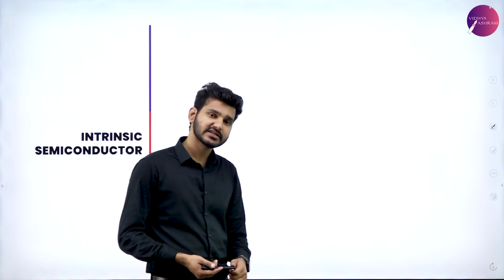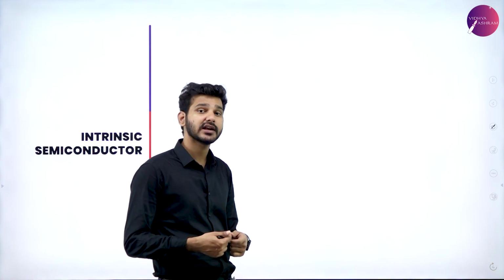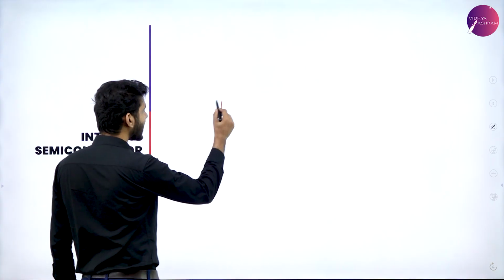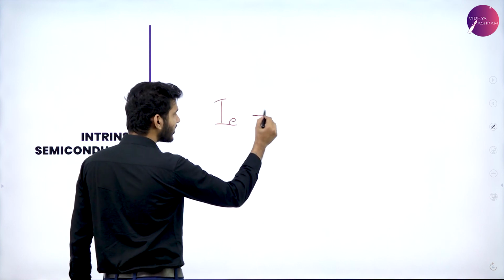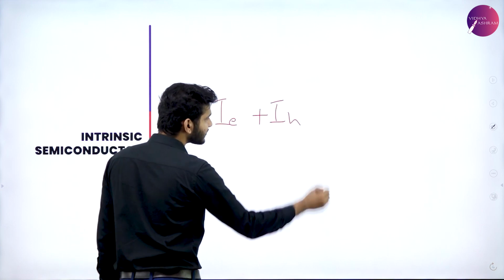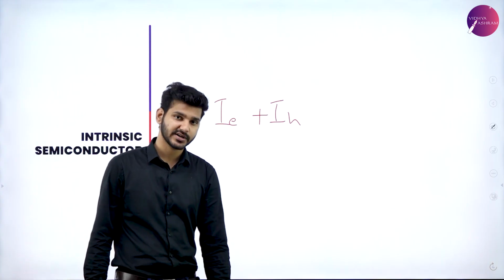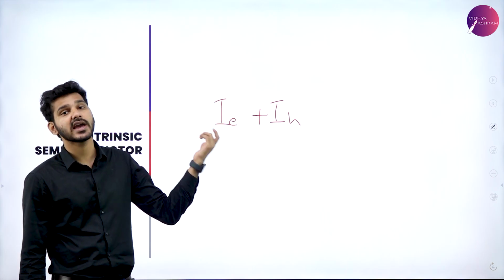And you have to also understand that there is already the current produced by the electrons. We can call that IE. So there is already the hole current which I just explained, and we know that when electrons move, it produces a current. So that is IE and IH.